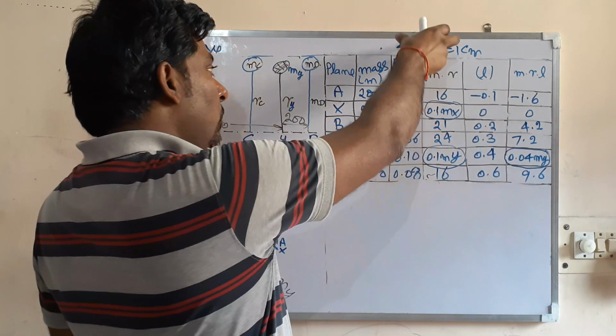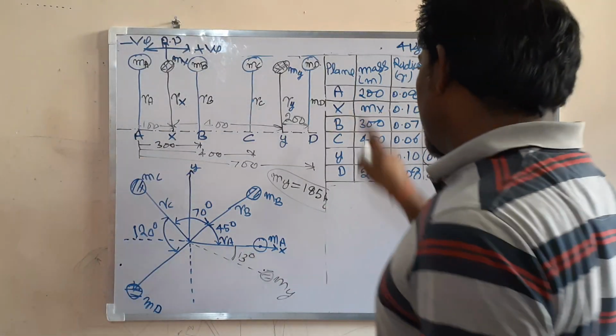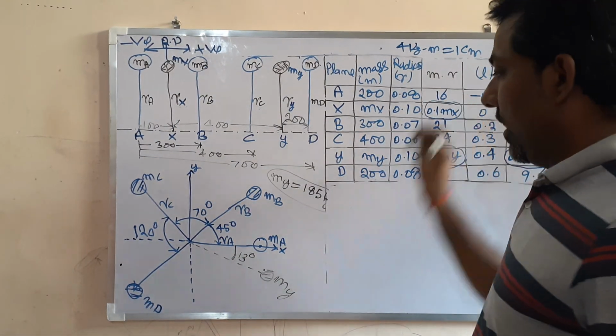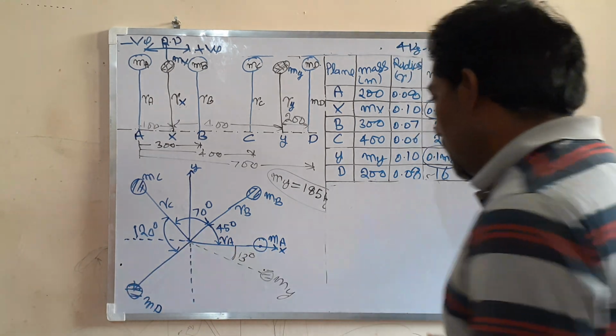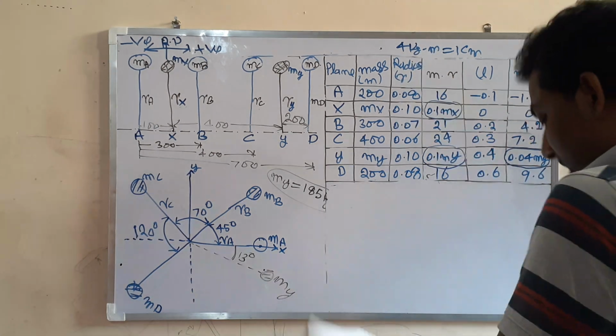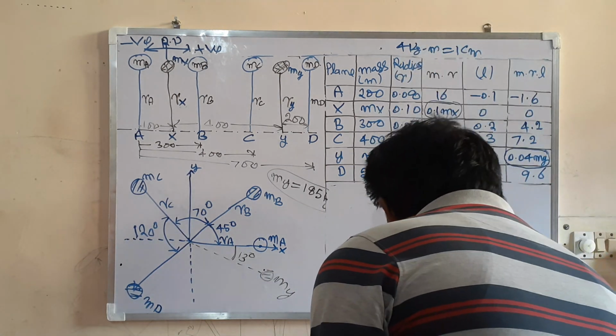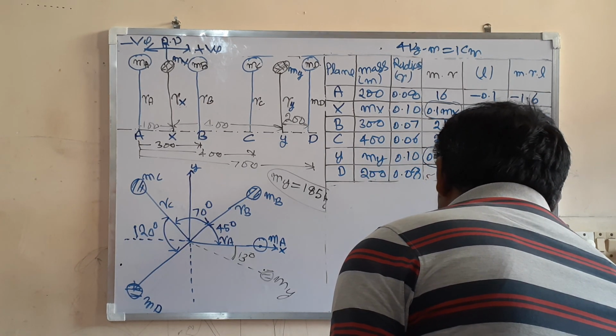So in this scale you have to draw the force polygon. First one is 16. Its direction will be radially outward, since centrifugal force is radially outward. So when you take this scale, that becomes 4 centimeter.